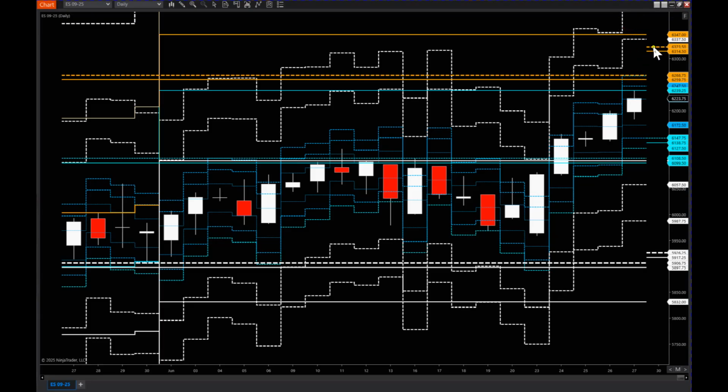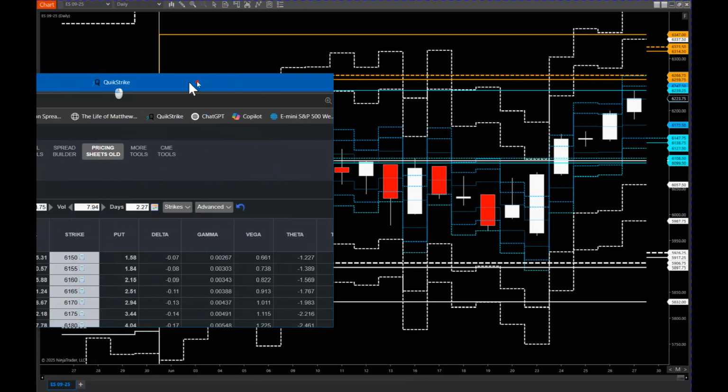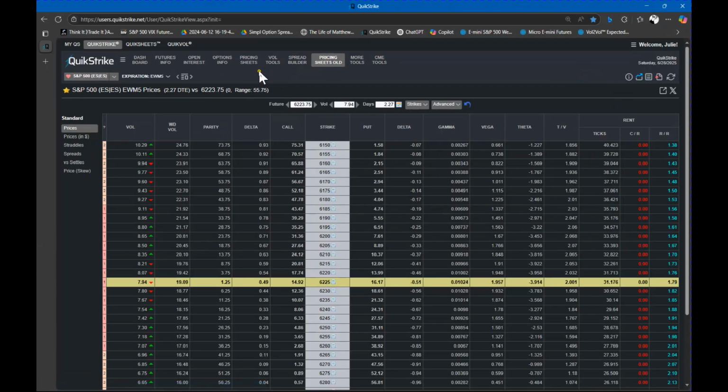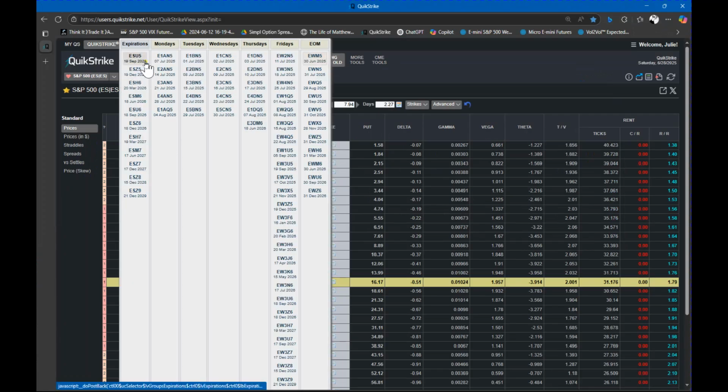The reason I say that 6,300 is a possibility is because we can look at our quick strike platform and check our 30-day. First, we can look at the quarterly expiration. Well, that's not the quarterly here.